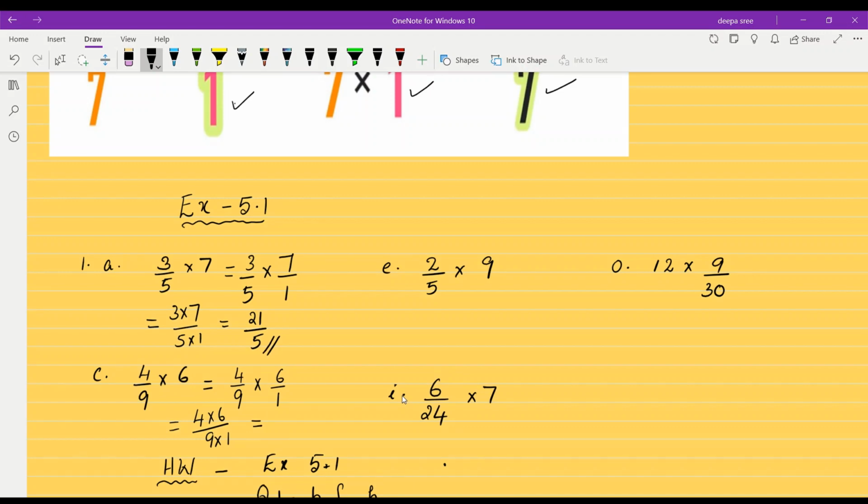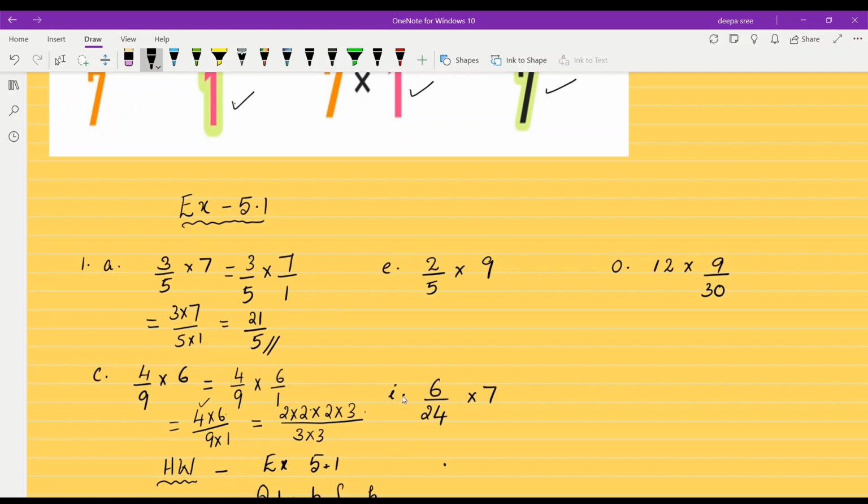Now again, I am writing 4 as 2 into 2. If you know how to do the cancellation, you can do it, but when you are doing cancellation you have to cancel the same number in both the denominator and the numerator, otherwise your answer will go wrong. So what I am doing here is prime factorization of 4, that is 2 into 2, prime factorization of 6, that is 2 into 3, and prime factorization of 9, that is 3 into 3.